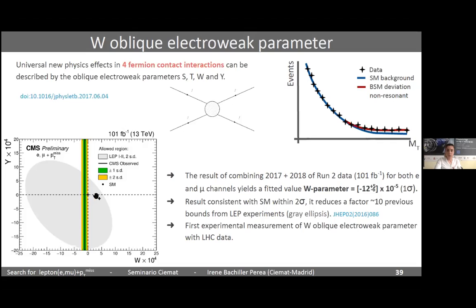And this new result is reducing the previous bounds from LEP experiments by a factor 10. These bounds are the gray ellipses, and you see how we are now reducing by a factor 10. And this is the first experimental measurement of the W oblique parameter using LHC data.